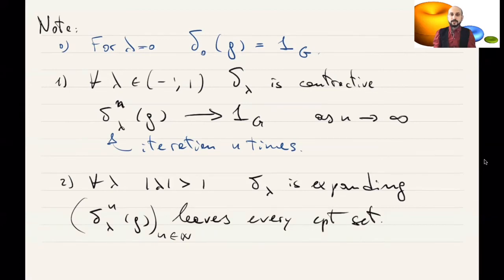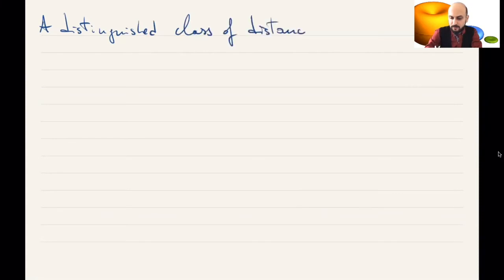Okay, let's see what the presence of these dilations will tell us about the geometry of these groups. So first we have to equip them with some distance. Let's equip Carnot groups with some particular distance. A distinguished class of distances on Carnot groups.